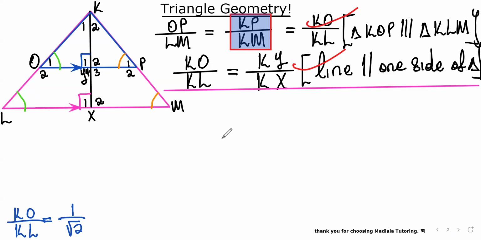What am I saying? They told you that the area of triangle KOP is equal to the area of the quadrilateral OPML, but I'm just going to say OLPM.